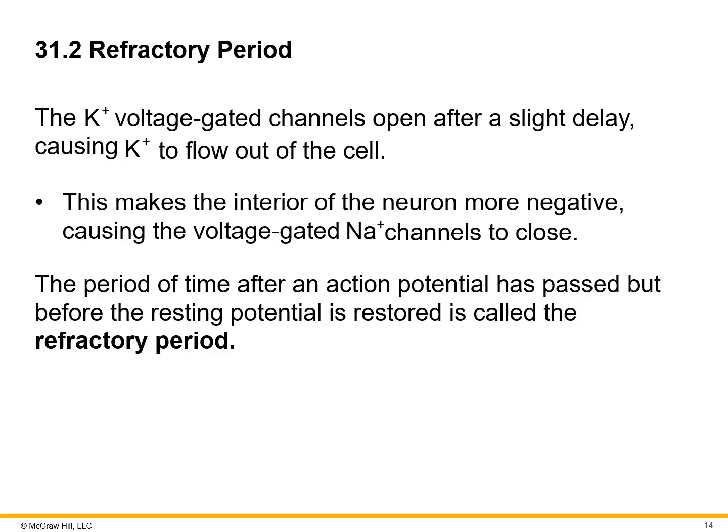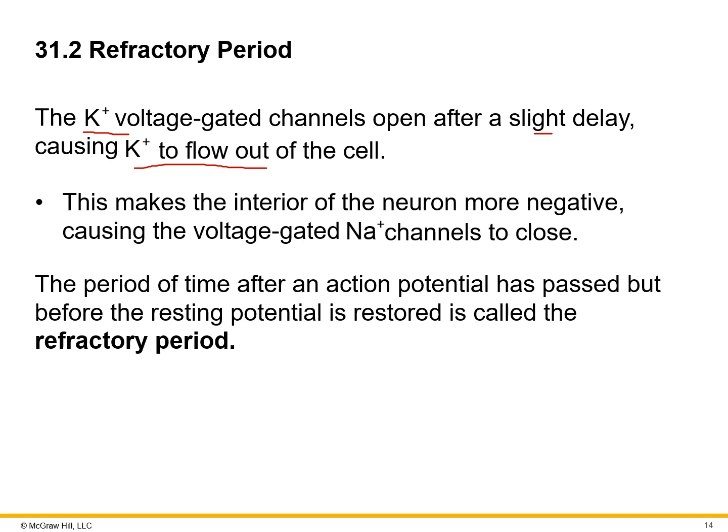There's also what's referred to as a refractory period, and this is when those potassium voltage gated channels open. After a little delay, they're a little slower than the sodium, but once they do, now the potassium goes out of the cell. And that's why we need those sodium potassium pumps to put everything back the way it's supposed to be. Because during a nerve impulse, sodium comes in, potassium goes out, which is the opposite of what we started on.